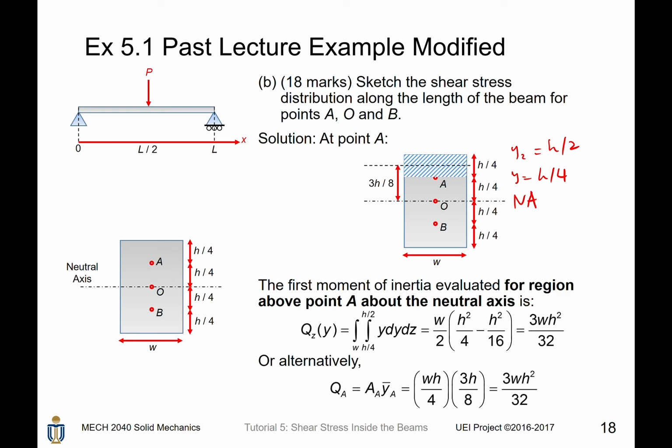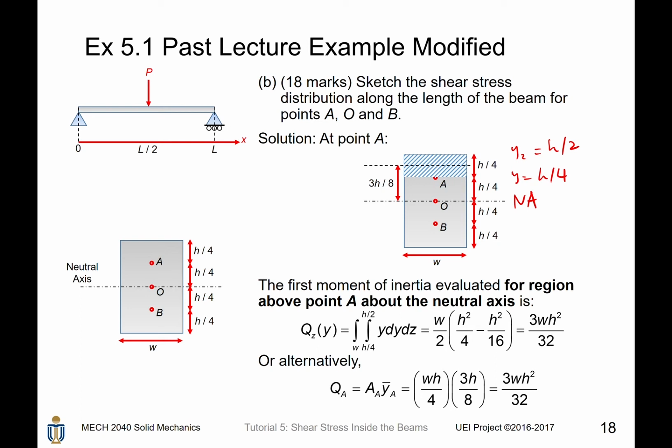Actually, still remember that in the previous tutorial, we didn't use the integral to find the first moment of area. For the rectangular region, there is another way to find the first moment of area, which is we first find its area. So the area of this shaded region, the region of interest, is given by wh divided by 4.